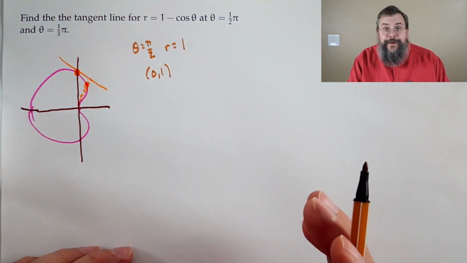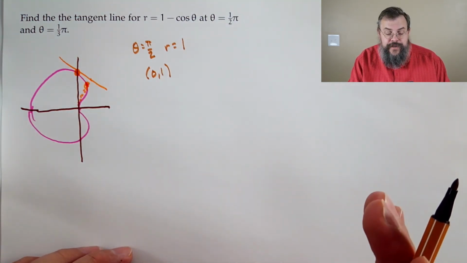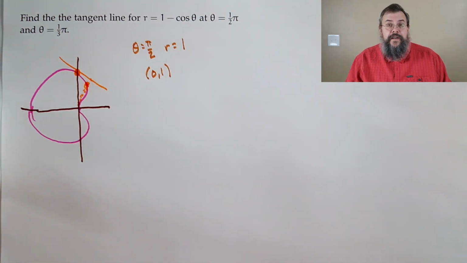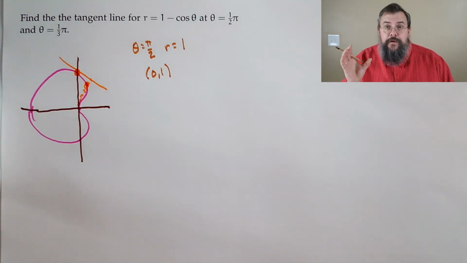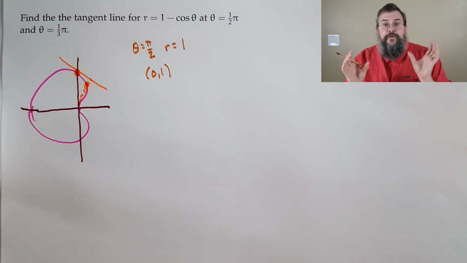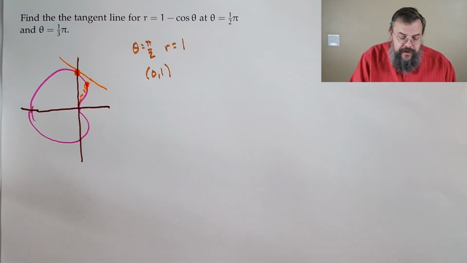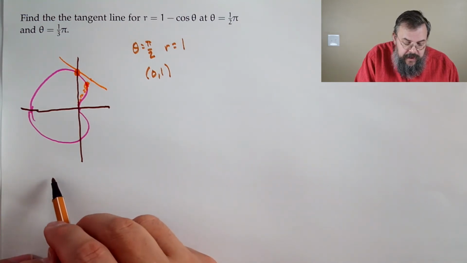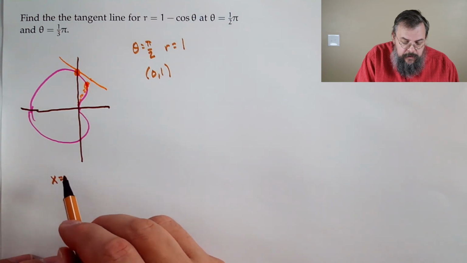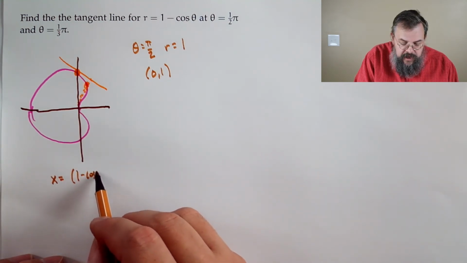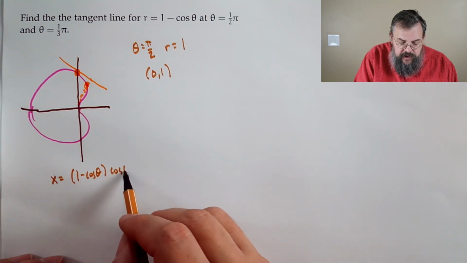Okay, now how do we do our slope? Well, the way we do it is we say we're going to start here in polar coordinates, and then we're going to transform it to parametric, because we know how to find slopes in parametric. So the way we do it is we're going to let x be r, so that's (1 minus cosine theta) times cosine theta.